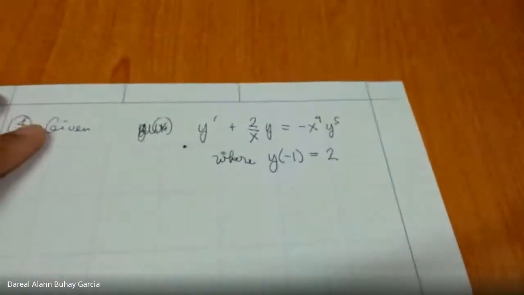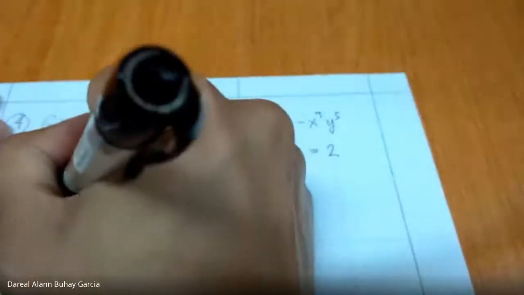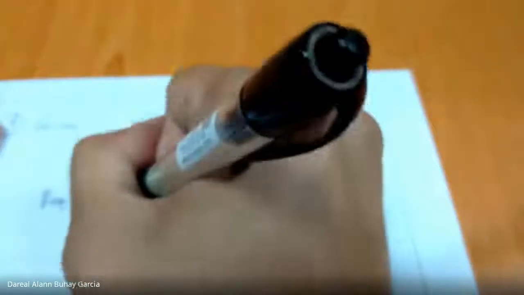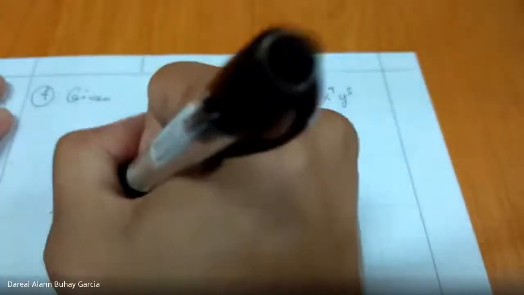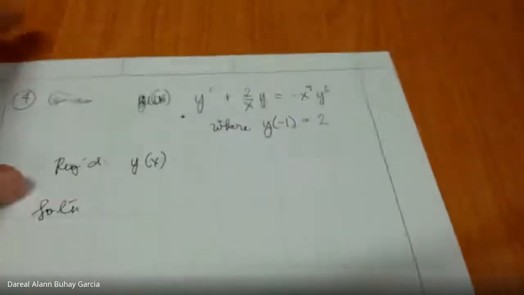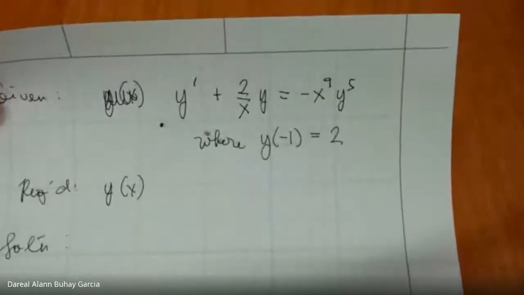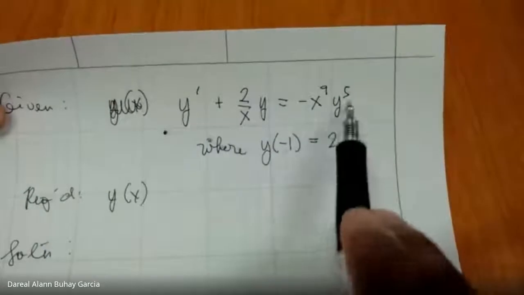Okay. Initial value condition. It's a Bernoulli equation where a is equal to 5.